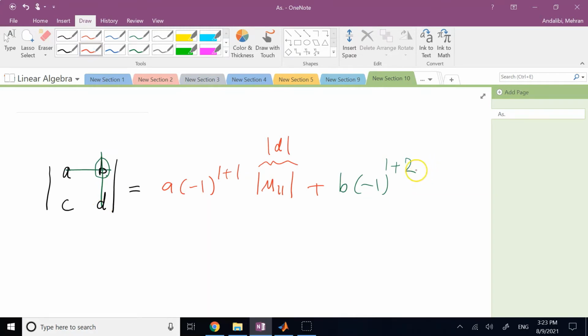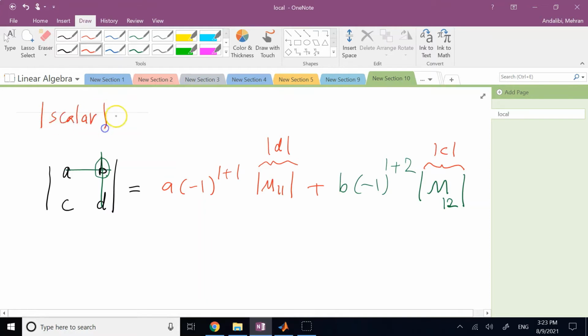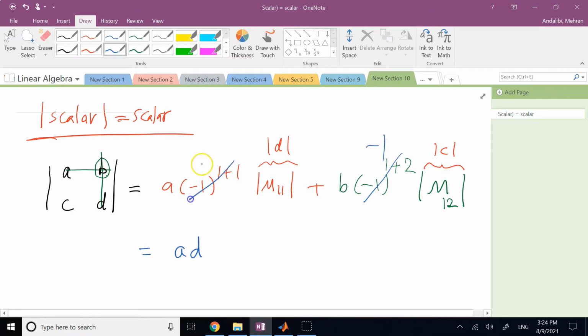So if you write it as determinant of a submatrix M12 or minor M12, this here is simply going to be determinant of C. And for a scalar, determinant of a scalar is equal to the scalar itself, of course. Okay, it's like the scalar itself, right? So what do we get? This is going to be +1. This is D, so it's going to be A times D, and then this is -1 here. So there's going to be -B times C.